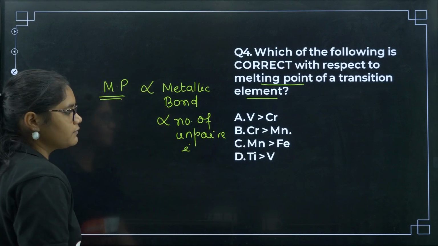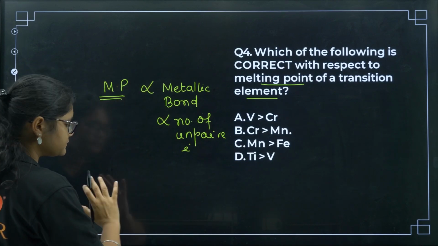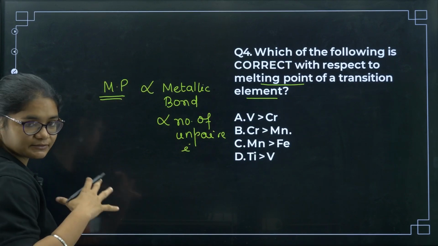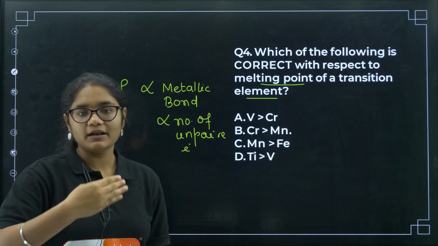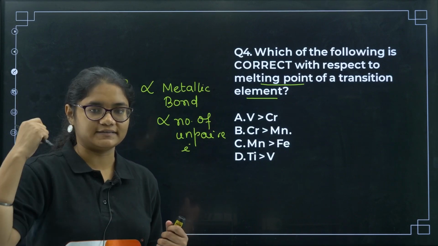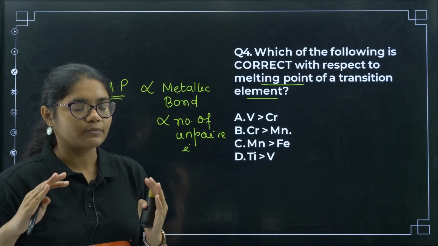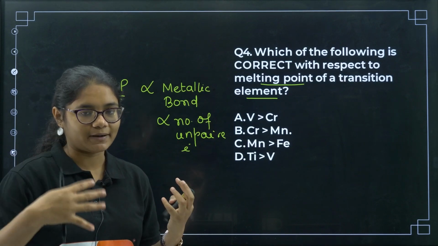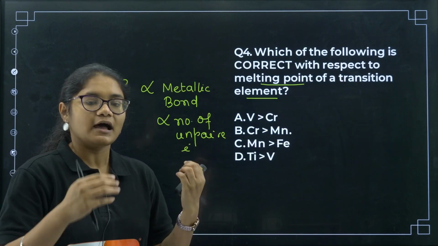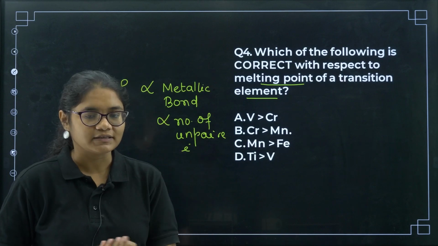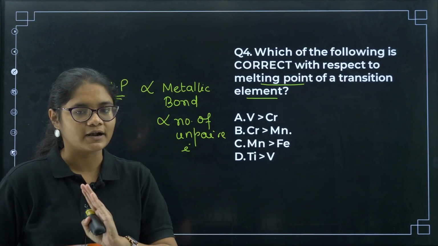As we move along the period, the number of unpaired electrons first increases, d1, d2, d3, d4, d5. Up to that the number of unpaired electrons is more. After that the number of unpaired electrons starts decreasing, so the melting point also starts decreasing.